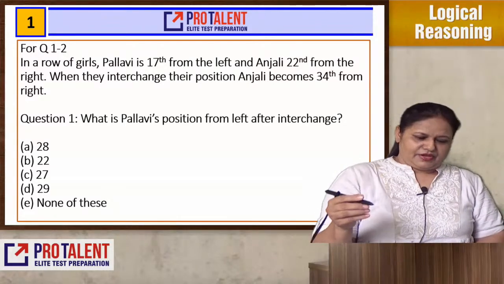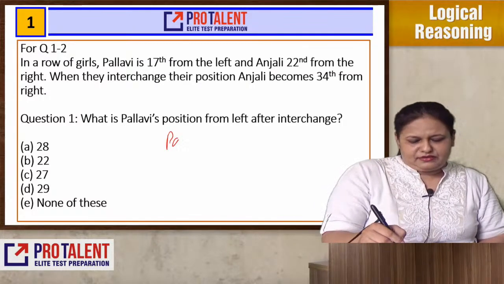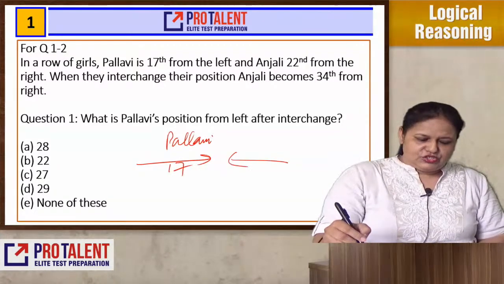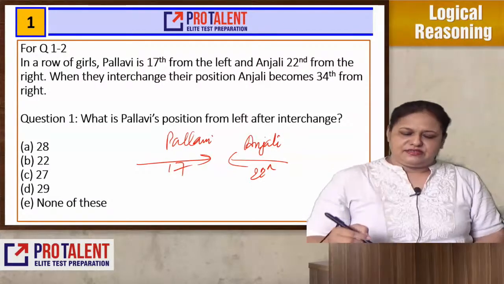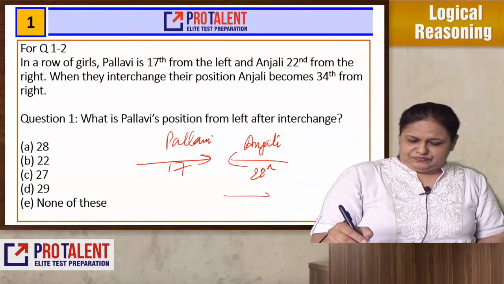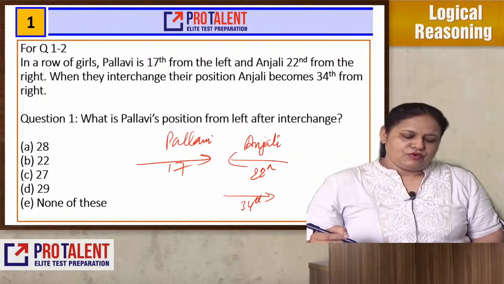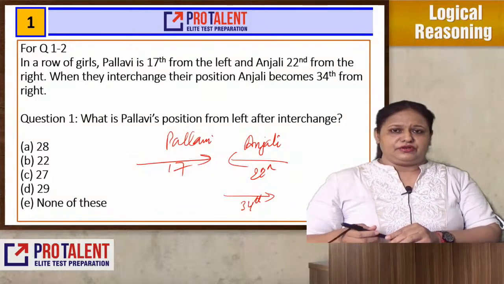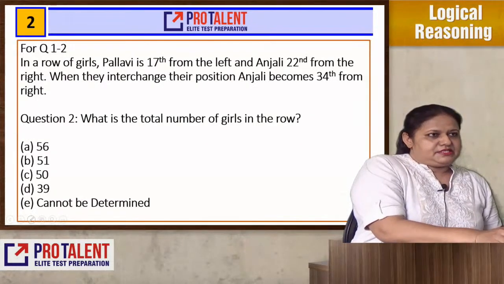In a row of girls, Pallavi is 17 from the left and Anjali is 22nd from the right, and when they interchange their position, Anjali becomes 34th from the right. So what is Pallavi's position from the left after the interchange? You can find the total or half of 34. Yes, so here. All right, next question. Just give me a minute, friends.